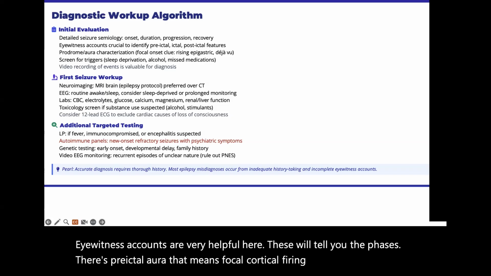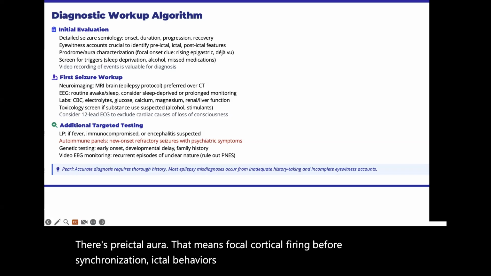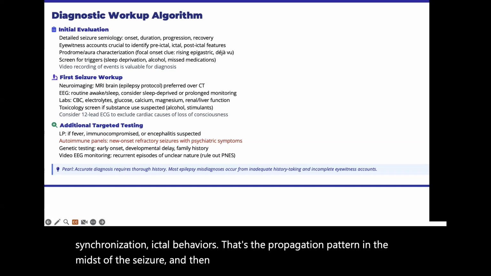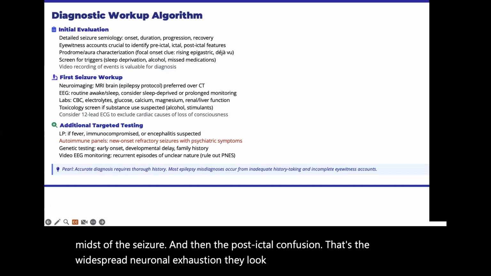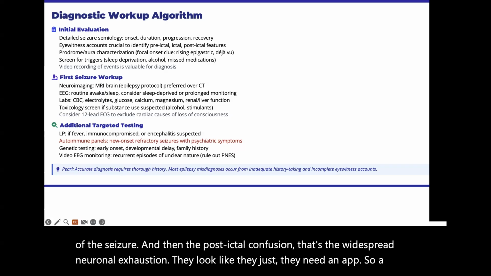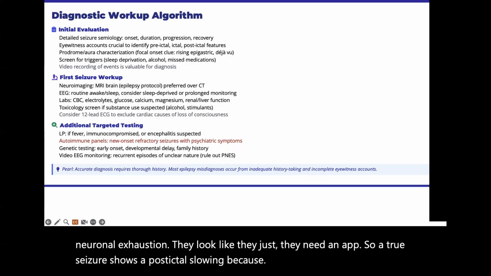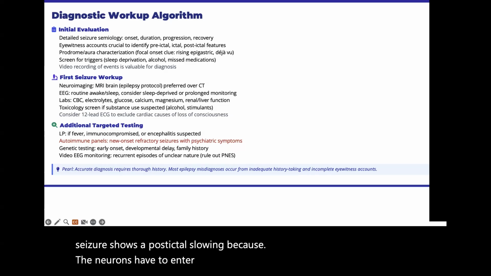Ictal behaviors, that's the propagation pattern in the midst of the seizure. And then the post-ictal confusion, that's the widespread neuronal exhaustion. They look like they need a nap. So a true seizure shows a post-ictal slowing because the neurons have to enter a refractory metabolic period.